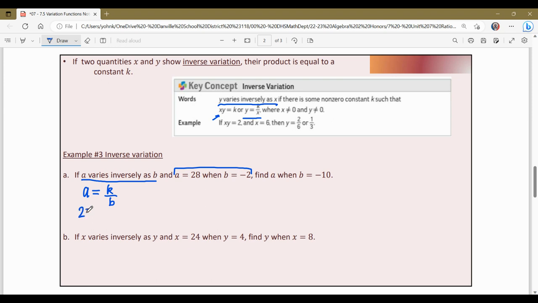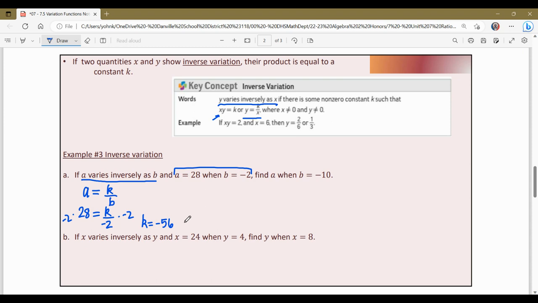Our A is 28 equals k over B, which is -2. I can multiply both sides by -2, and that gives me k equals -56.